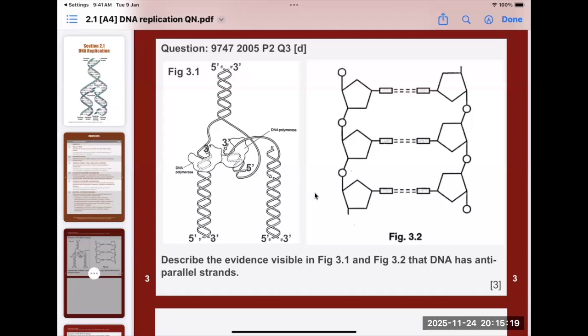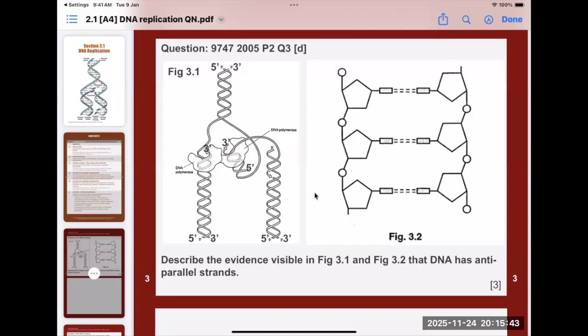If you talk like that, you got no marks. So you study everything already, you go into the exam hall, you got no marks. First, tell me how to show the anti-parallel. What is there to show the anti-parallel? The 3 prime and 5 prime carbon.